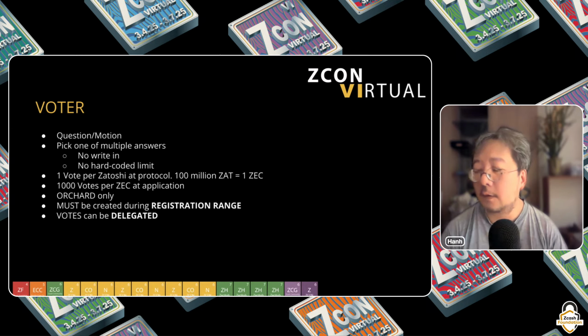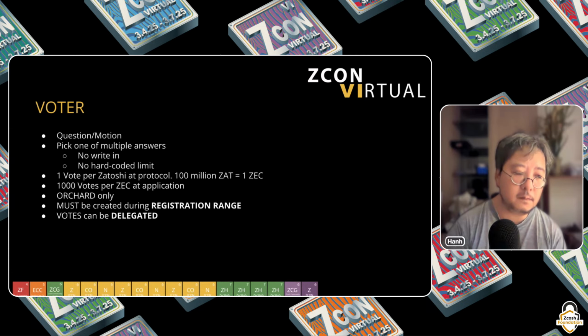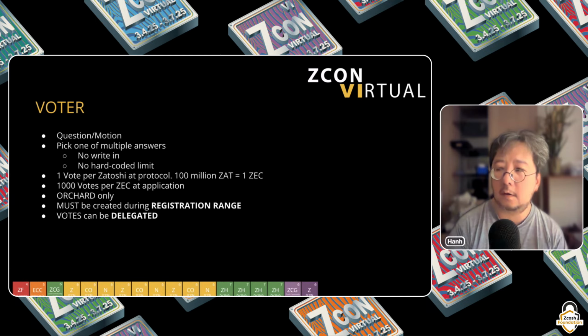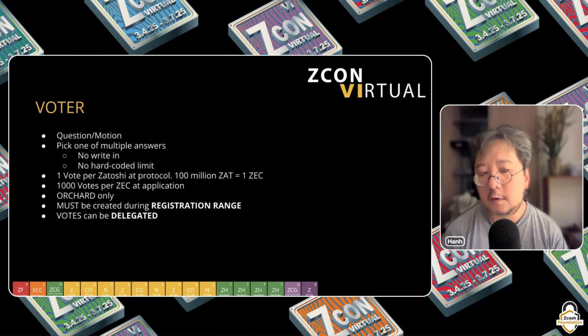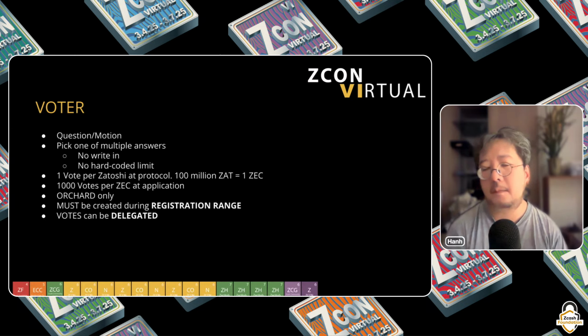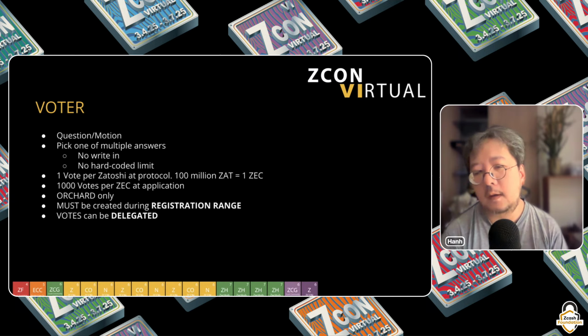your votes. So instead of saying that you're putting your coins on a particular motion, or a particular choice or candidate, you can take part of your coins or all your coins and send them to an address.